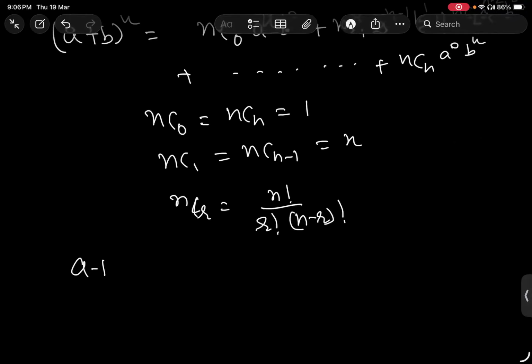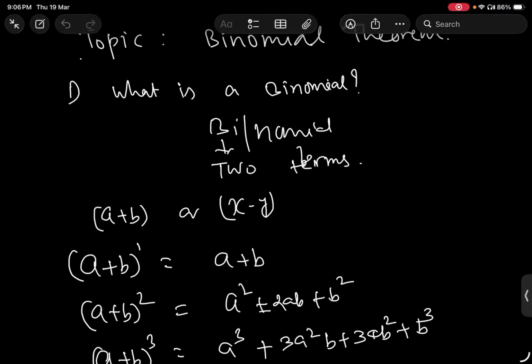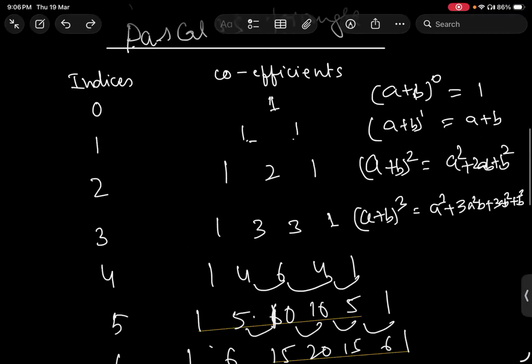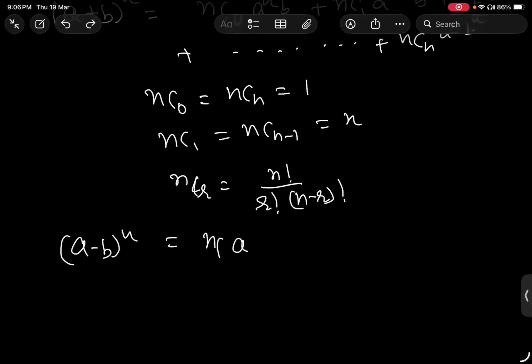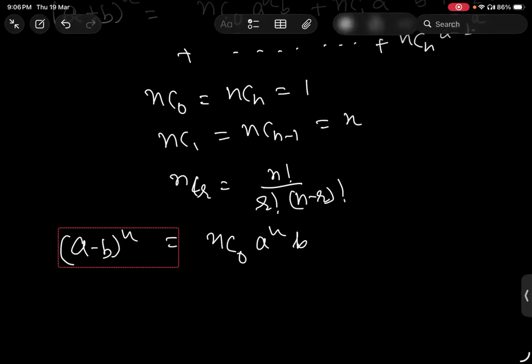So if we have a minus b to the power n, then in that case, nC0, a to the power n, b to the power 0, and now the next term will start with the negative sign.